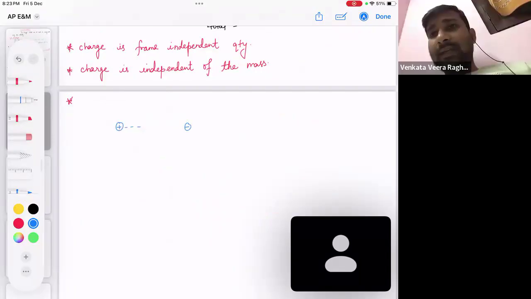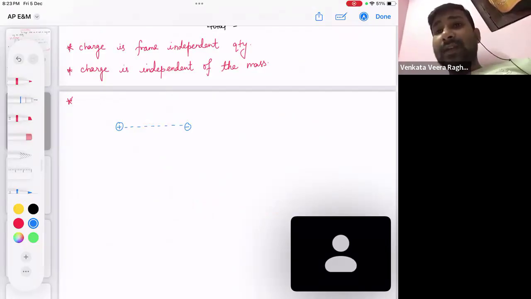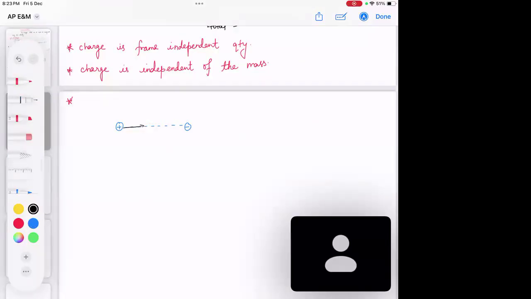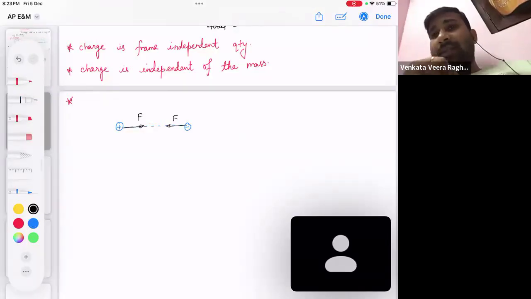Here I am going to keep a positive and a negative charge in front of each other, okay? The positive charge will be attracted towards the negative, and the negative charge will be attracted towards the positive.